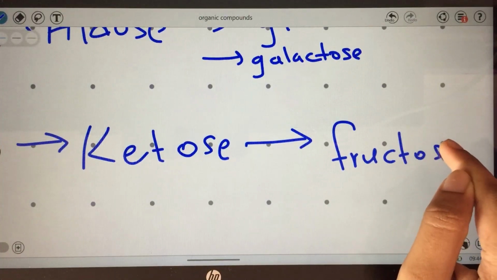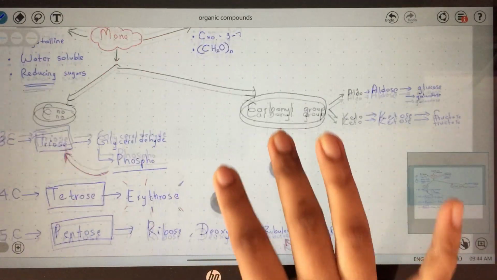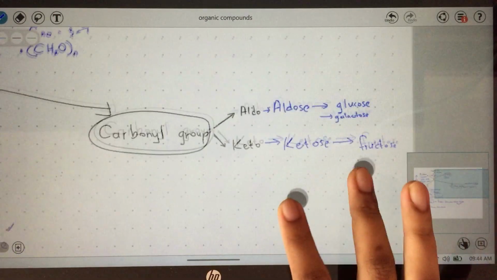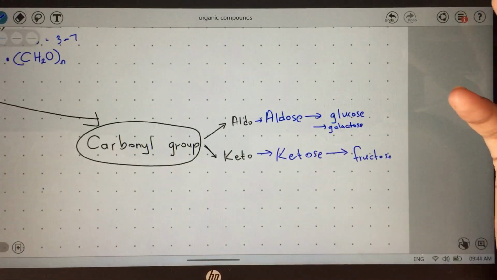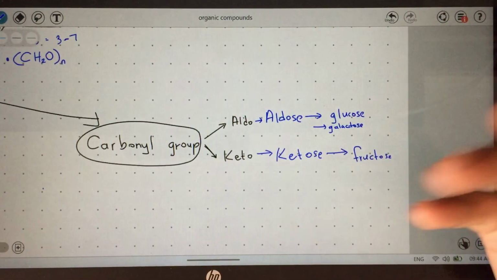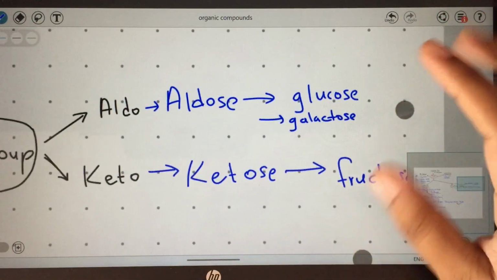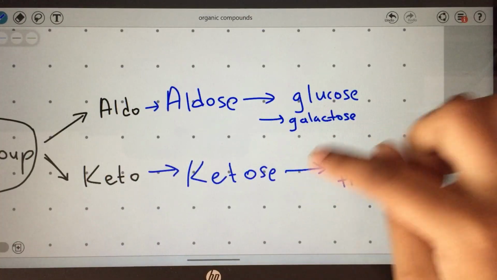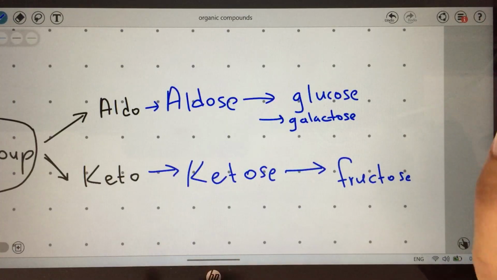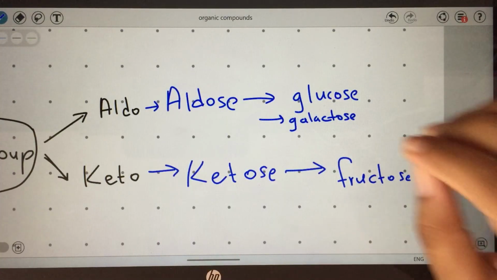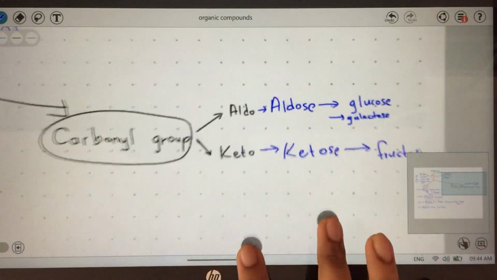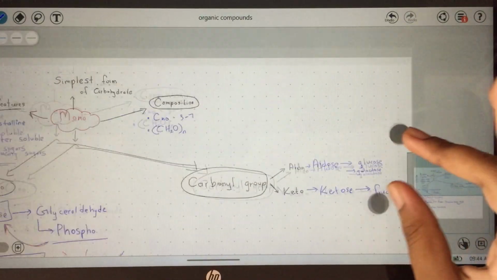So if someone asks whether, now we know other examples, no, ribulose, whether ribulose is an aldose or a ketose, if someone asks that question, you say, okay, it's not in my syllabus. I don't have to even know it. You have to know only whether glucose is an aldose or a ketose, galactose is an aldose or a ketose, and you should know, okay, fructose is a ketose. Okay, so that's all that you have to know when it comes to the carbonyl group and the two types.